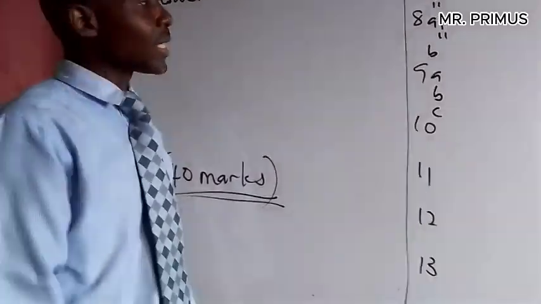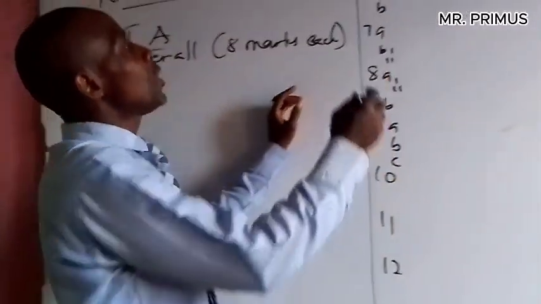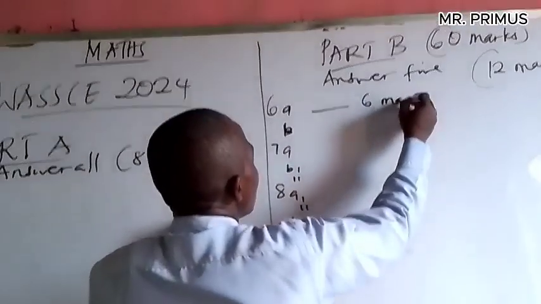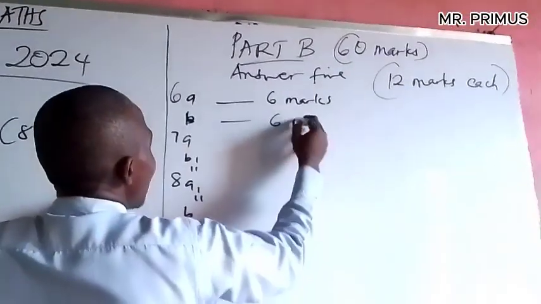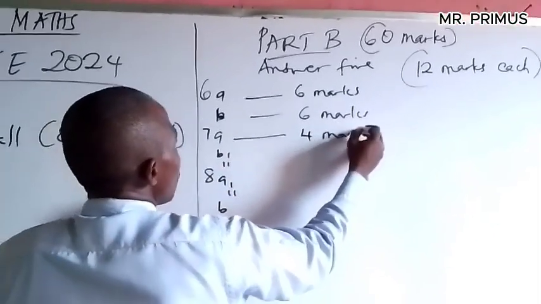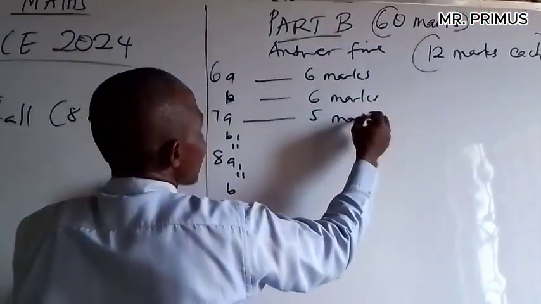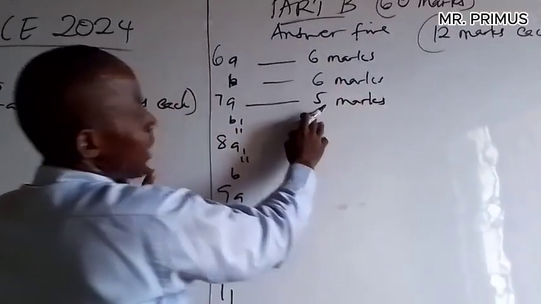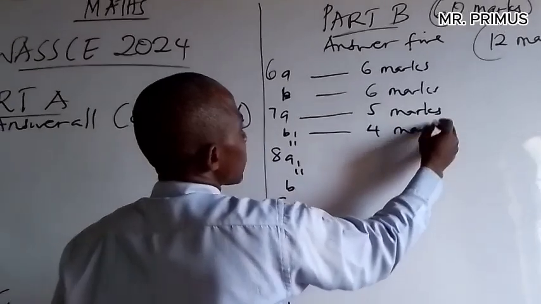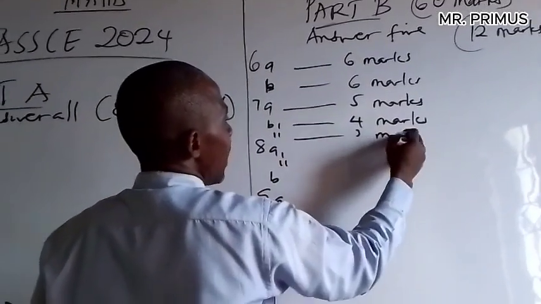Now, what matters is to look for the marks. Each of these questions is 12 marks, so this may be 6 marks, 6 marks. Now, this one can be 4 marks. Okay, let me say 5 marks. Remaining how many to make 12? That is 7. This one, 4 marks, this one, 3 marks.